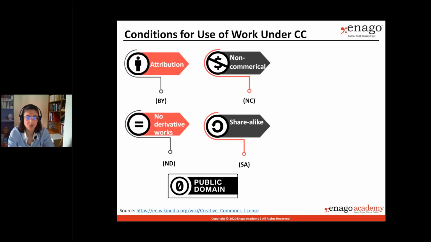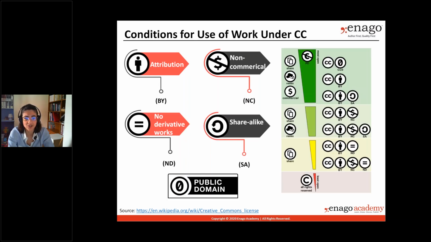So different symbols with different implications, and on your right hand side an even greater number of symbols to bear in mind. So when it comes to the Creative Commons, keep in mind the different subcategories, subclassification before you proceed with using this material in further steps beyond just reading and learning yourself.